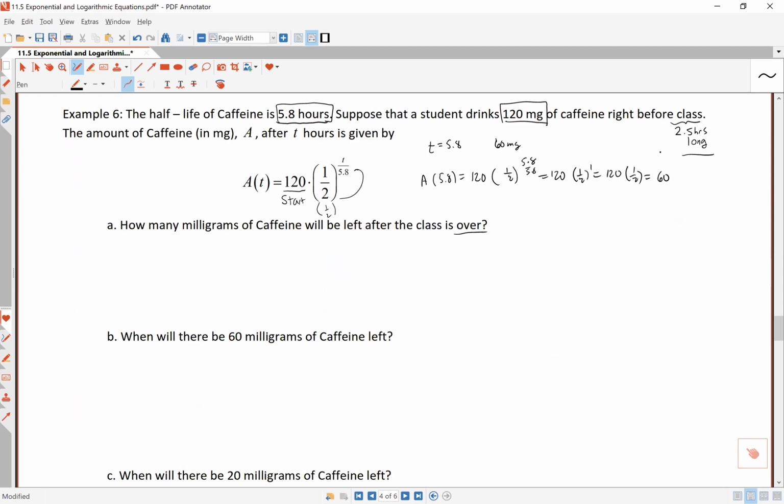But if we want to know how much is left after the class is over, then we evaluate this function at 2.5 hours. So 1/2 to the 2.5 divided by 5.8. There's going to be a lot more than 60 milligrams left over because we haven't let a full half-life go by of 5.8 hours.